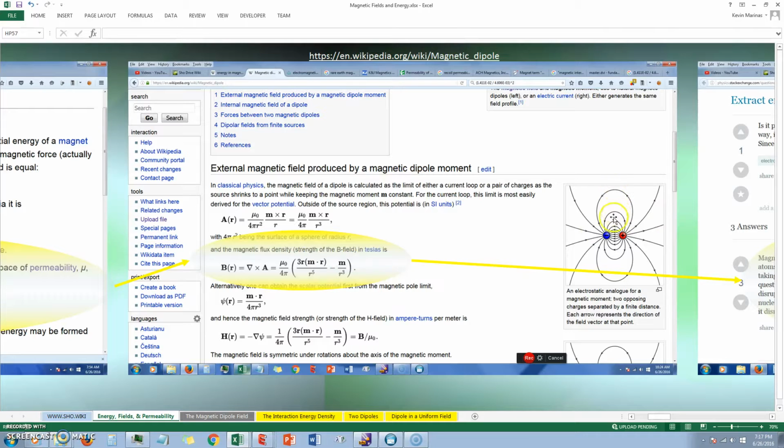So this portion over here, all these field lines along this axis of symmetry, if you will, is caused solely by this last term. The first term here in this parentheses cannot account for that, particularly because this dot product between the magnetic moment and the radial vector, in this case, would be at right angles. So your radial vector would be going this way, while your magnetic moment still goes that way.